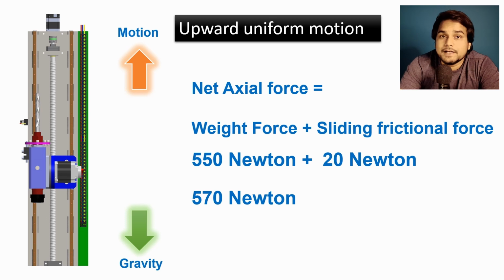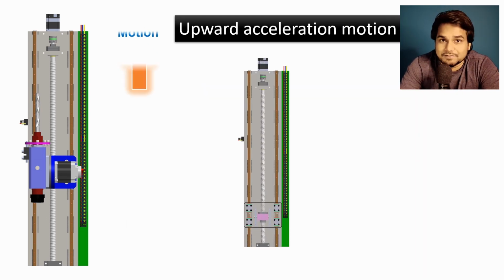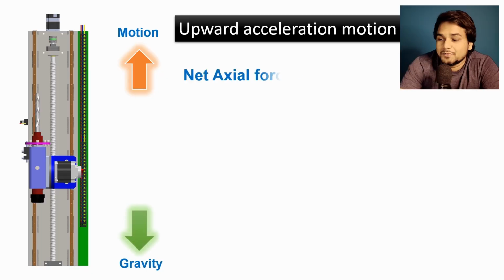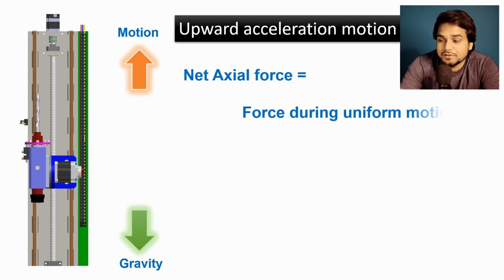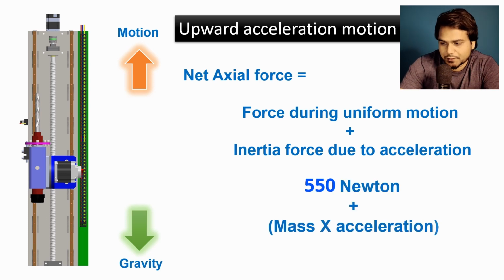And now let's calculate the force on ball screw during the upward acceleration. And this will be the maximum force on the ball screw because this acceleration motion is against gravity. So the force will become force during uniform motion plus inertia force due to the acceleration. So max force will become 550 Newton plus total mass multiplied by the acceleration.